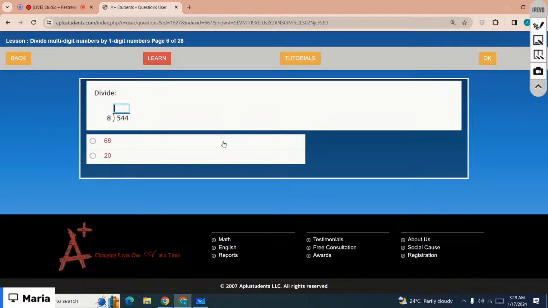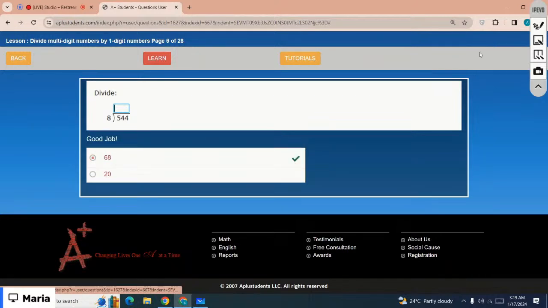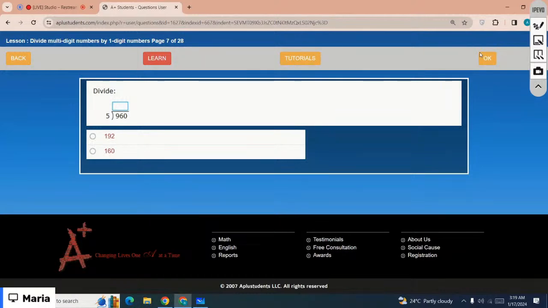Yes, that is 68. The correct option is 68. How did you get 2? Where is 2?